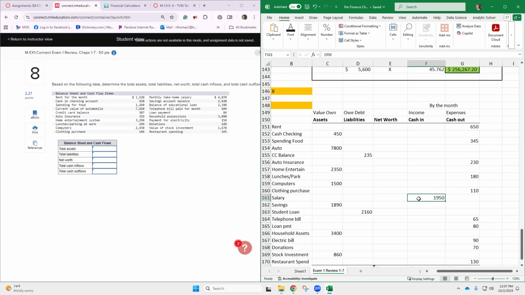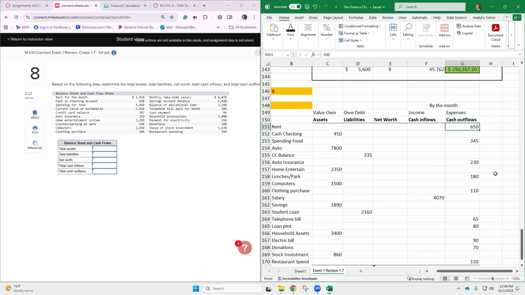So before I put anything else in, I'm putting that in because I know that's my salary and that's my only entry in that column. That's considered cash in. They call it inflows and outflows. I call it income and expenses, and it's by the month. So be sure to keep that in mind when you classify this stuff.